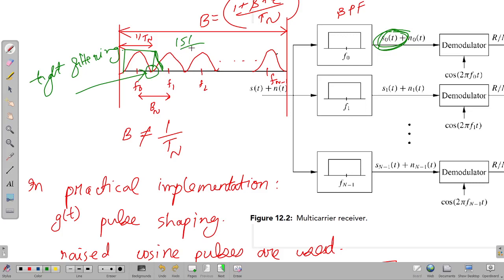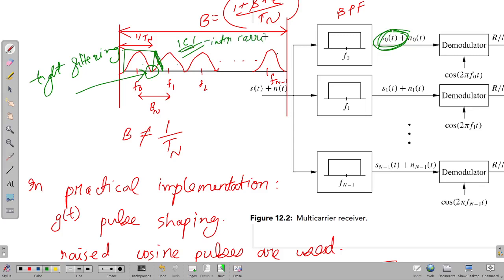Another phenomenon called inter-carrier interference happens. There are two different carriers, and if the band pass filter is not tightly designed, if it does not have sharp edges of transition, then inter-carrier interference occurs.